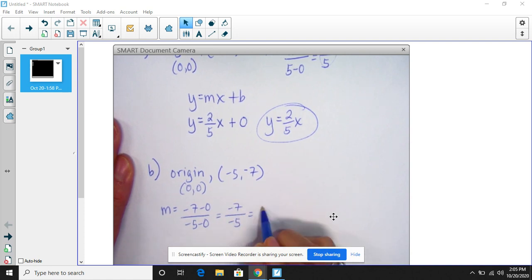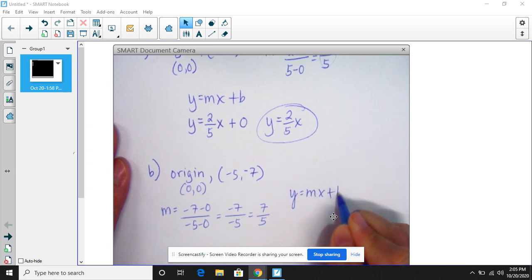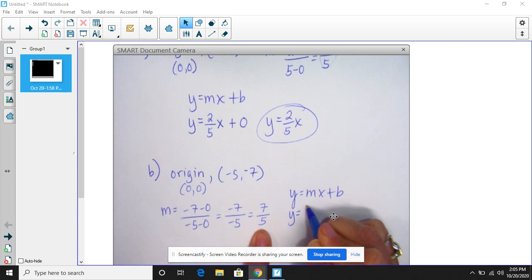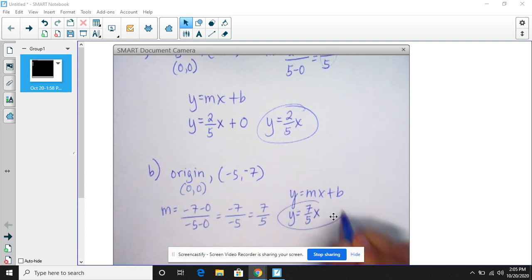A negative divided by a negative is a positive, so we would write that as 7/5. Okay, that is our slope. And again, we're plugging this into y equals mx plus b. So we write y is equal to, what is m? It's 7/5. Write your x, and your y-intercept again is 0, so we don't need to put anything there.